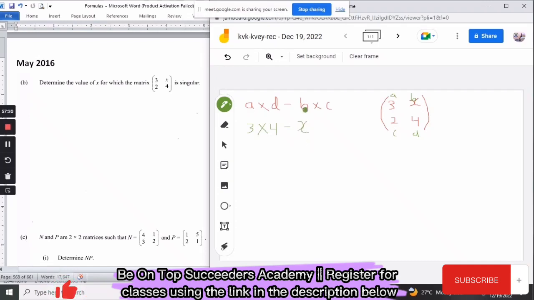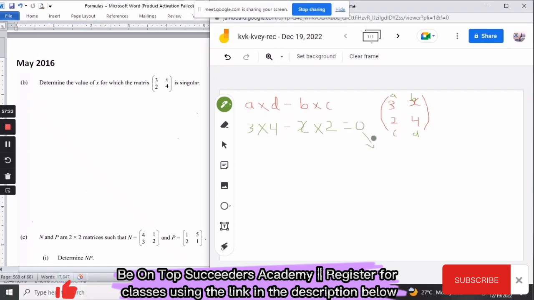And this equation will be equal to 0 because, again, they said that the matrix is singular. They said it is singular, right? So that's the key to find the value of x.